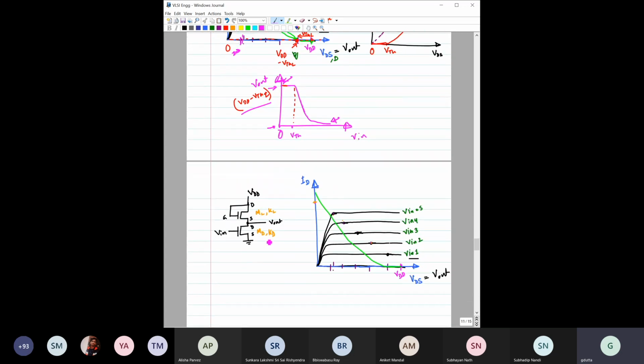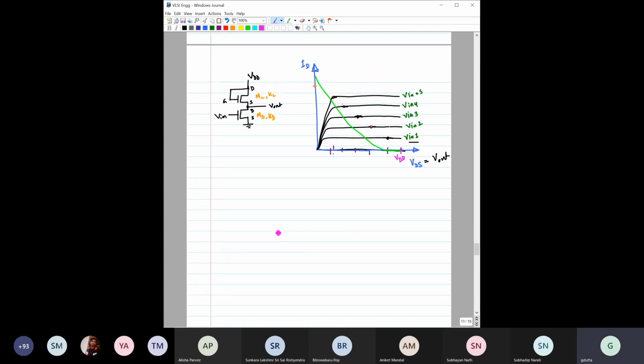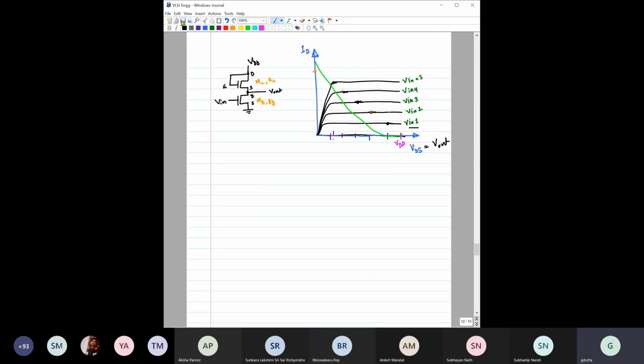If this part is clear, then probably we can move a little bit, do some analytical analysis, and then move forward. Okay, so again, this is the circuit design and this is the characteristics of this MOSFET.